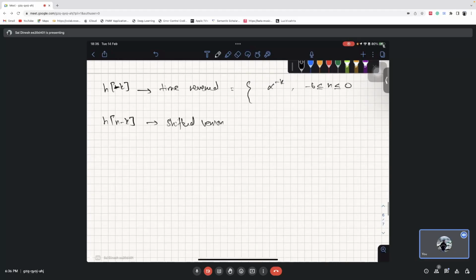So this will be of this form, where h of n minus k, right, it will be decreasing. This is n, it will be n minus 6.